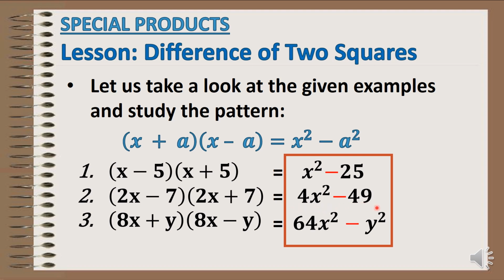In the third example, we have the quantity of 8x plus y times 8x minus y. Square the first term, the quantity of 8x squared, that becomes 64x squared. Copy the negative sign and then square y, that becomes y squared. So our final answer is 64x squared minus y squared.